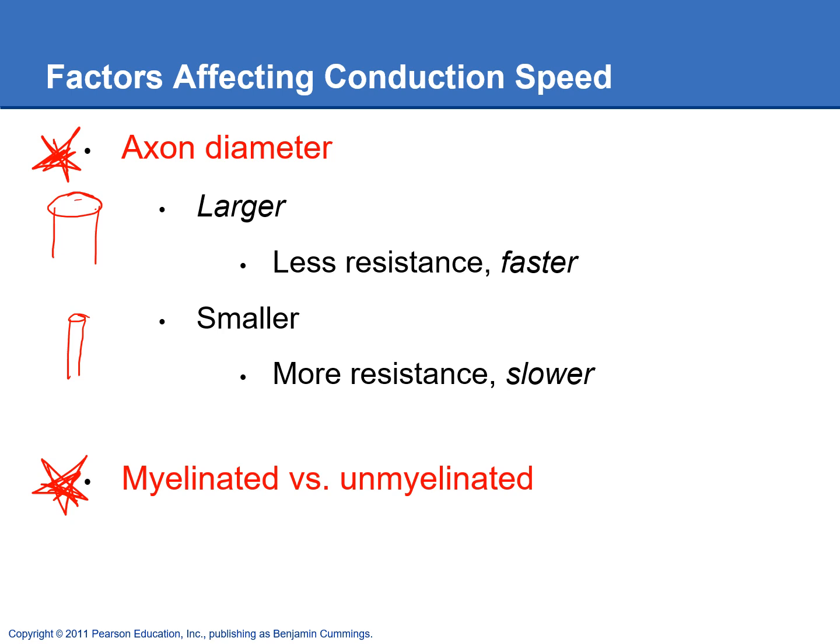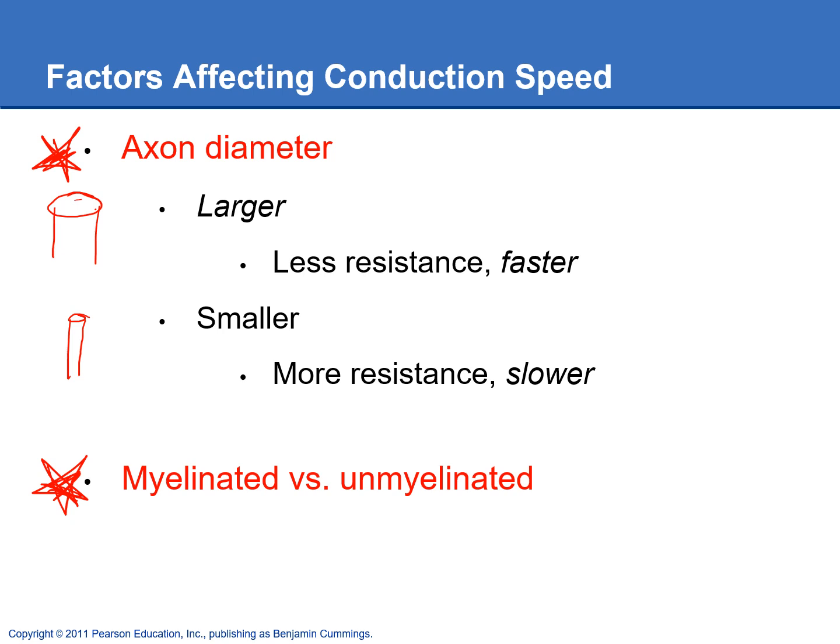You'd have a lot more resistance to flow, and so it would take you longer to drink your drink through that smaller diameter straw. So you'd have a slower transmission speed of your action potentials through your smaller diameter axon.